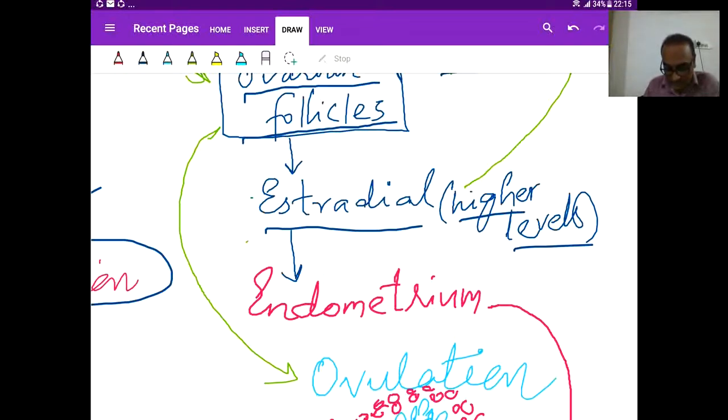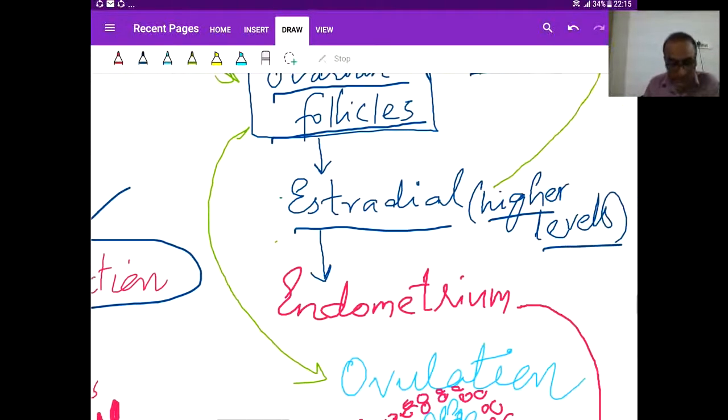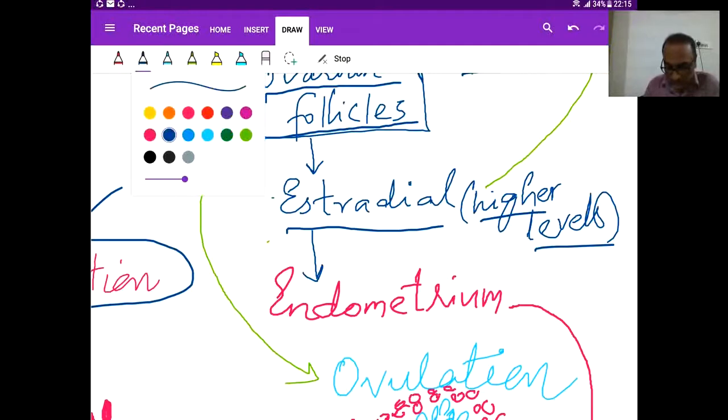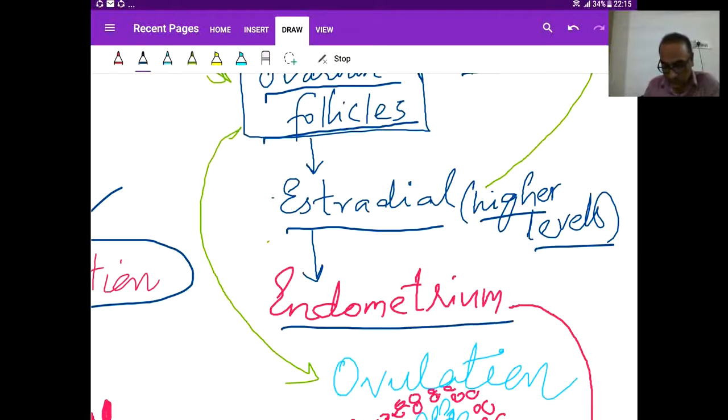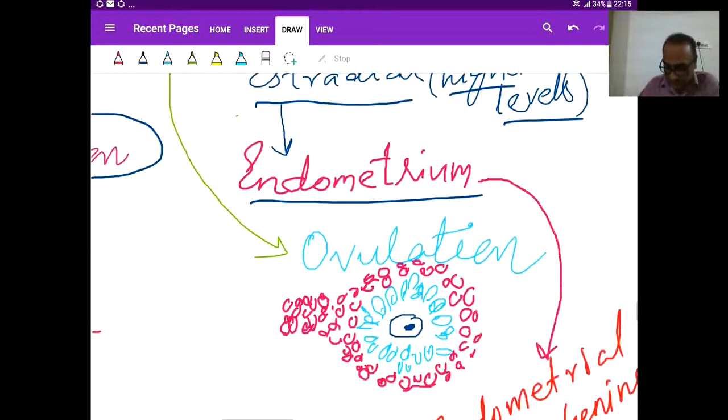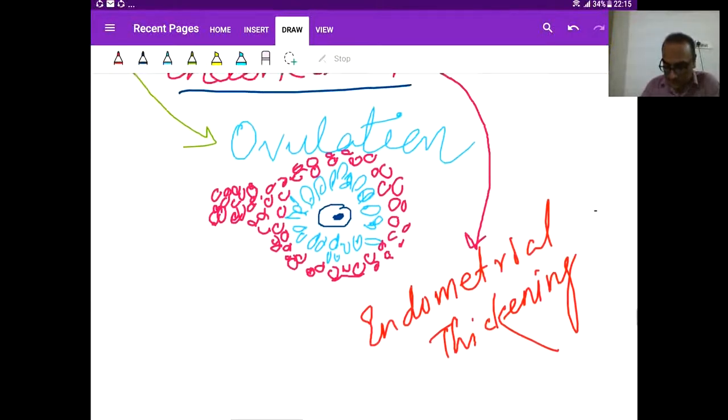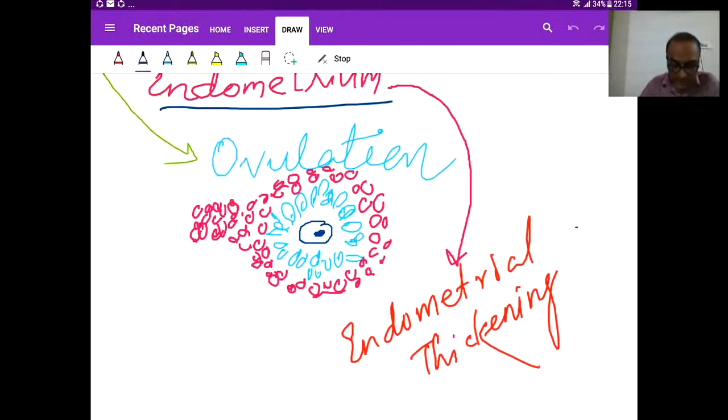And this estradiol will stimulate the endometrium also, and the endometrium becomes highly thick. So under the influence of the higher levels of estrogen or estradiol hormone, endometrial thickening takes place. Clear?